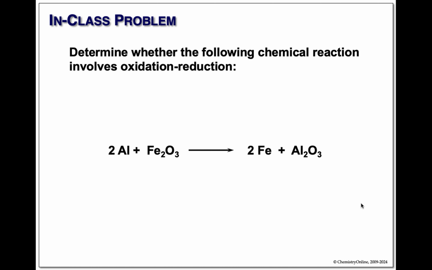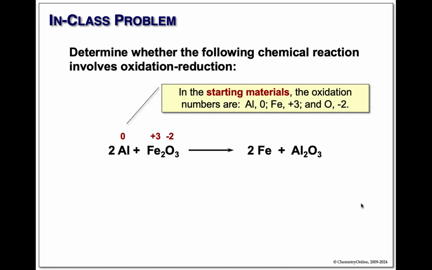Right. Is it redox? Well, the aluminum and iron are both elements, so this is going to be 0. Iron is going to be plus 3. Oxygen will be minus 2. Over here, iron is an element, so it's 0.